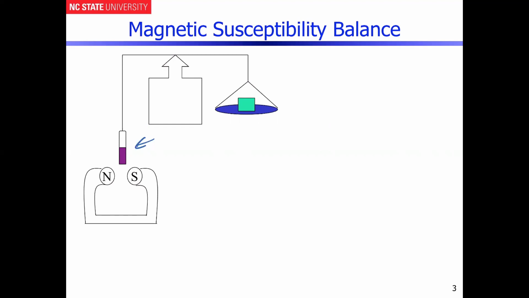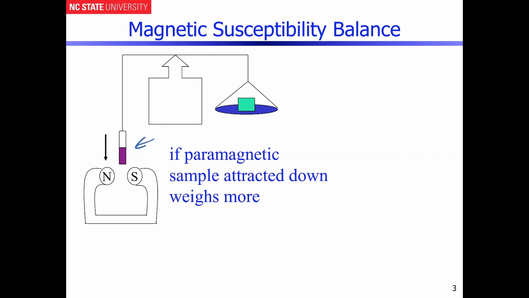And what will happen is, if the sample is paramagnetic, it'll get attracted into the magnetic field, and then that is going to effectively weigh more as a result of that process. So the mass will appear to increase, and that's going to be a function of how paramagnetic the species are, and how many paramagnetic molecules are actually in the sample itself.